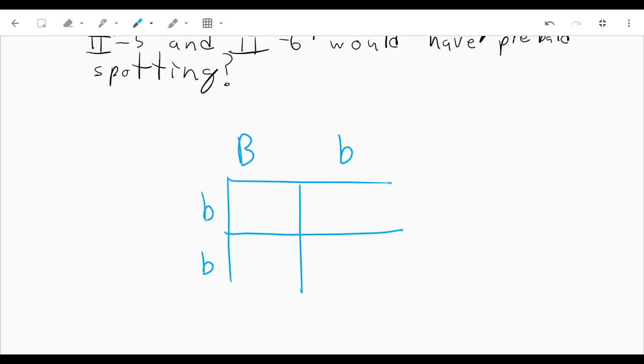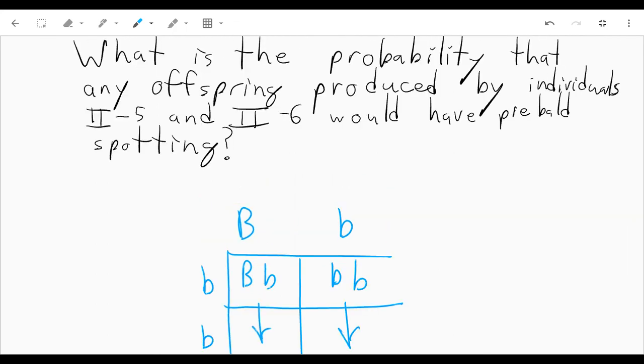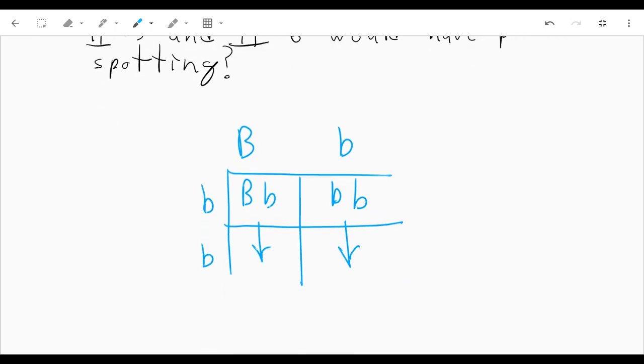With our Punnett square, we see that half the children will be heterozygotes, half of them will be homozygous recessive. So what is the probability that the offspring will have piebald spotting? The probability is 0.50 because half of them would have piebald spotting.